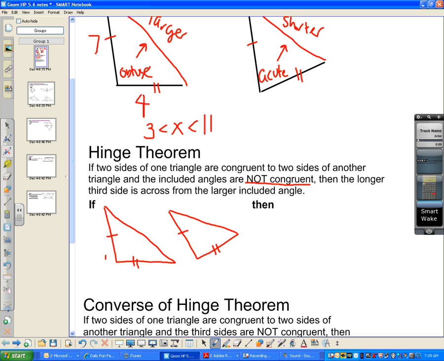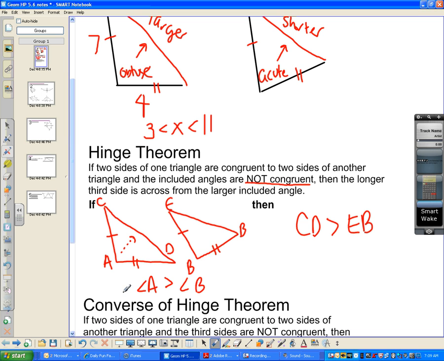Let's say I call this angle A and this angle B. Let's call this C, D, and E, F. Okay, so let's say I tell you that angle A is greater than angle B. That means that this side, because angle A is bigger, the length of CD has to be larger than the length of EF. That's what the Hinge theorem says.